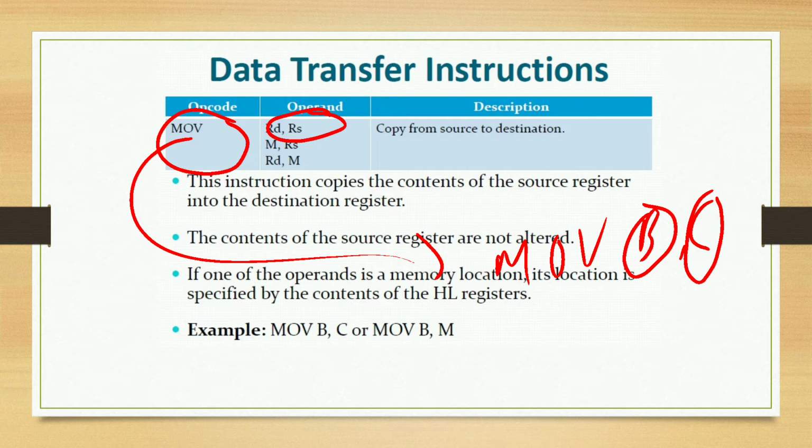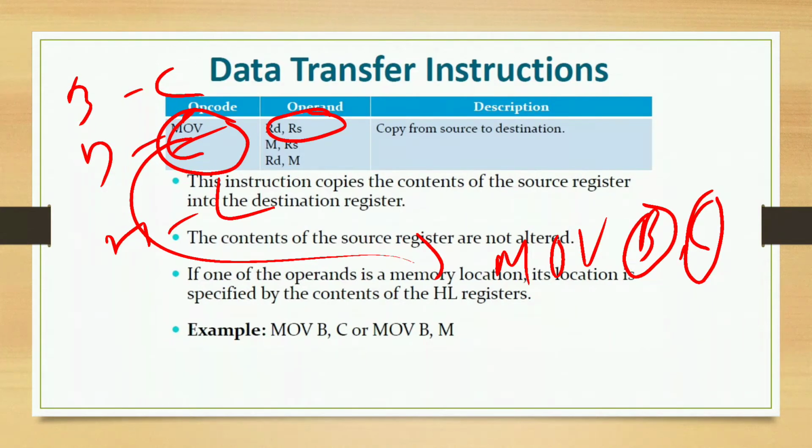In the 8085 microprocessor, 6 general purpose registers are there, that is B, C, D, E, H, L. In pairing we will consider the BC register, DE register or HL register.